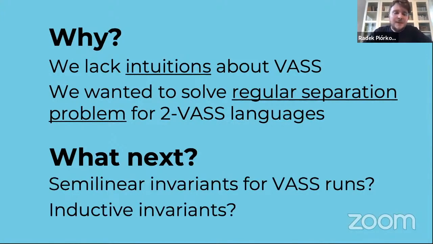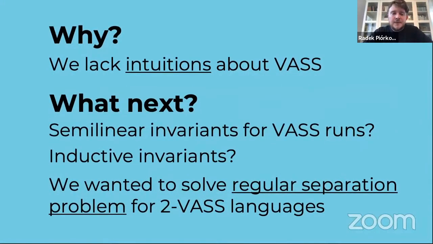And the question about inductive invariants is not yet resolved, but we have some intuitions that may work with this problem as well, but we need to verify that. And of course, this problem stays open, so I think that is quite an interesting one. And I heard that Wojtek will tell you more about this problem in the open problem session after the break.